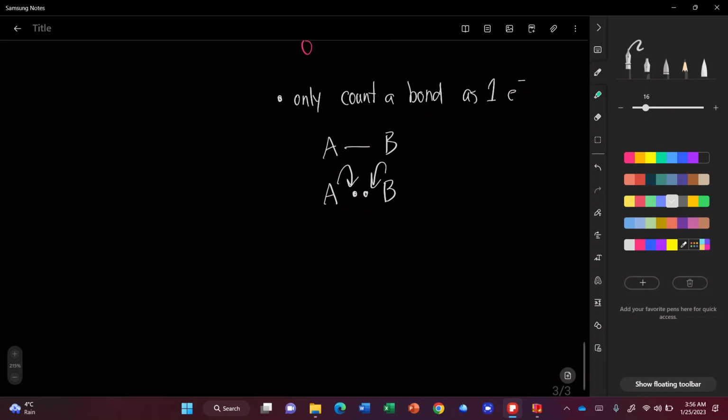So with all of that said, I want you guys to get really, really good at doing a bunch of these formal charges. So I'll do maybe something like this.